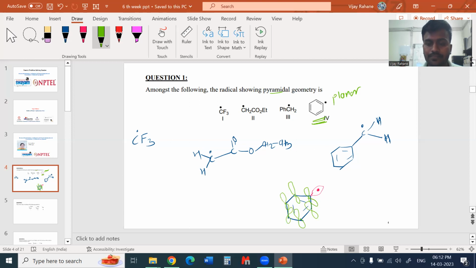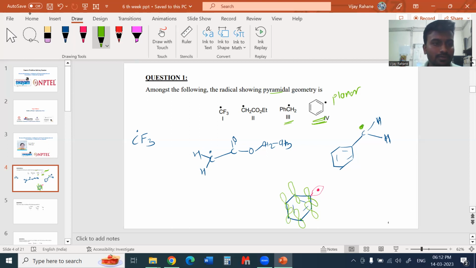Second option: this one is the Ph CH2 radical. Here is the radical, and in this ring, this radical gets stabilized because of resonance.